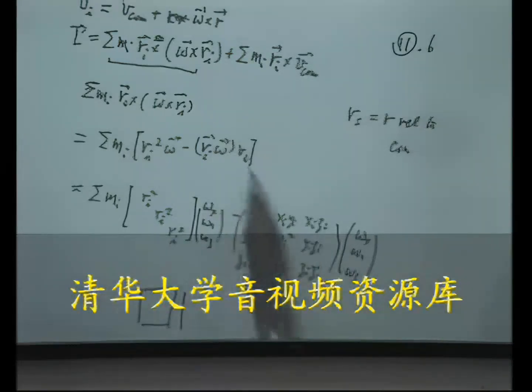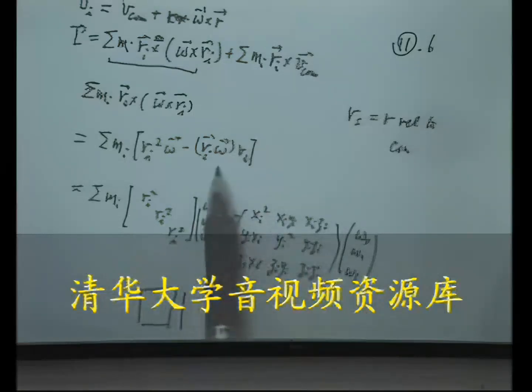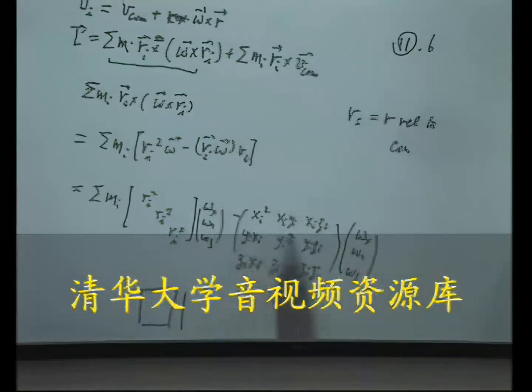Now let's look at this one. This one is r dot omega times ri. If I multiply this out, you can read the first row all have x and then multiply by x, y, z. The second row has y and then y multiply x, y, z. The third component is z multiplied.